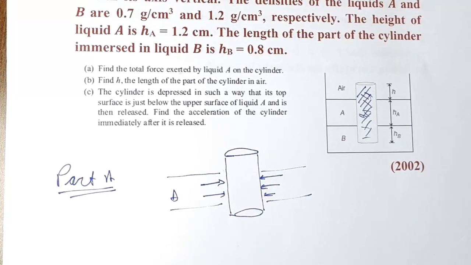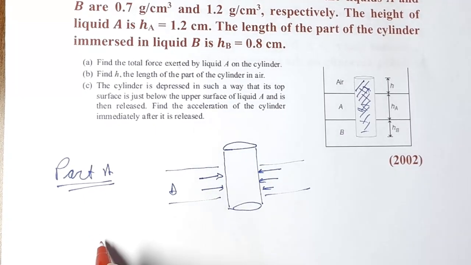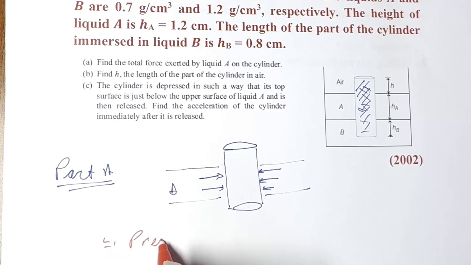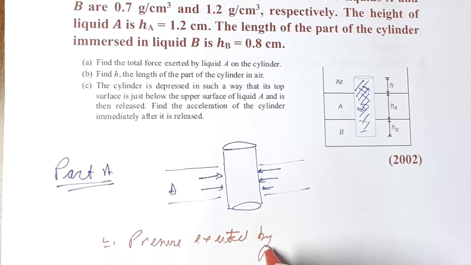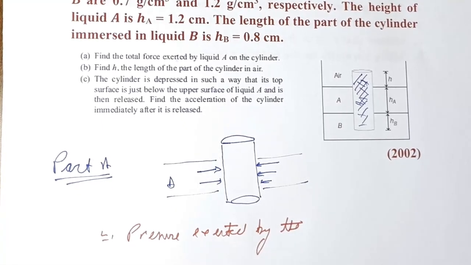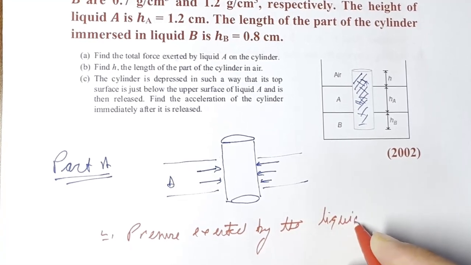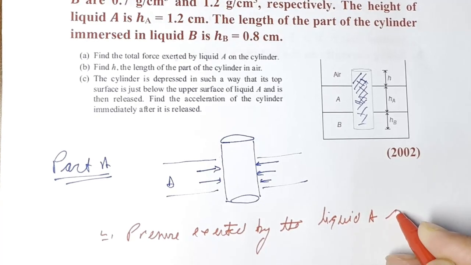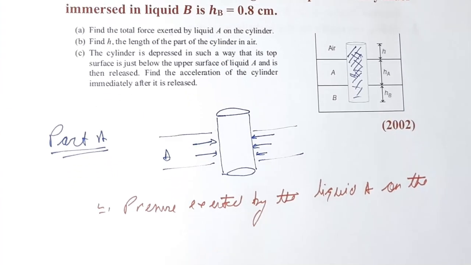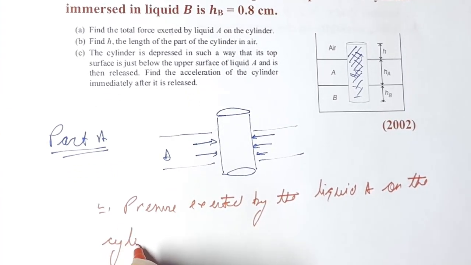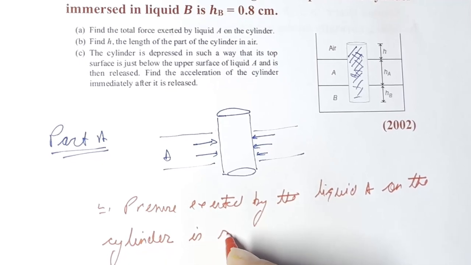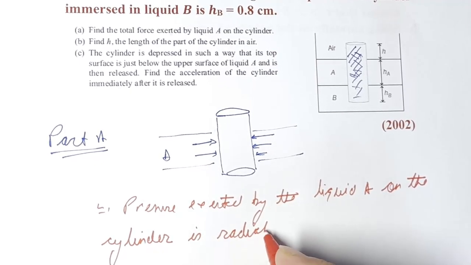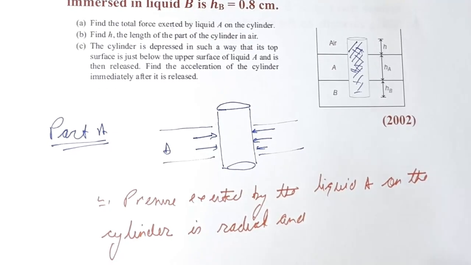So we can say that pressure exerted by the liquid A on the cylinder is radial and symmetrical.